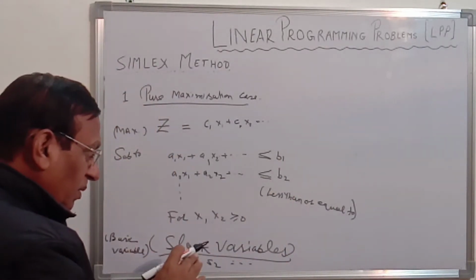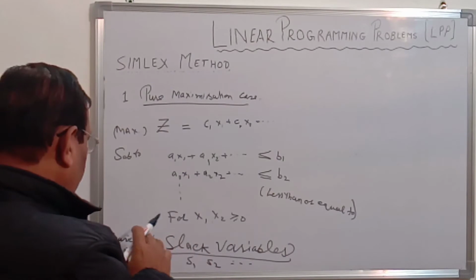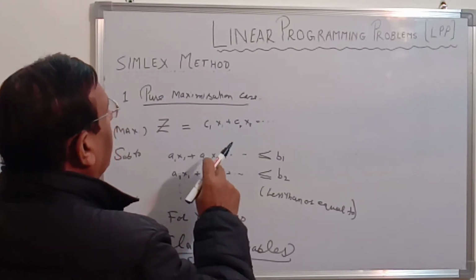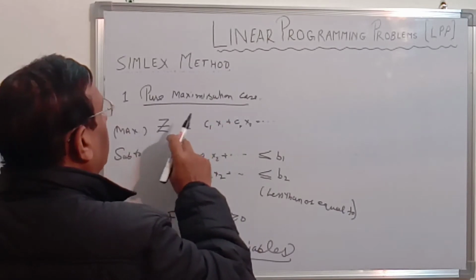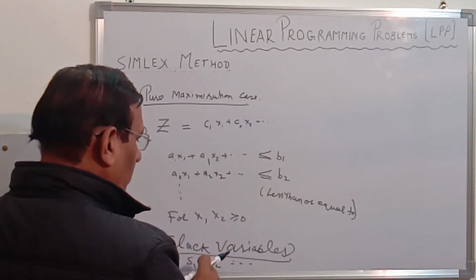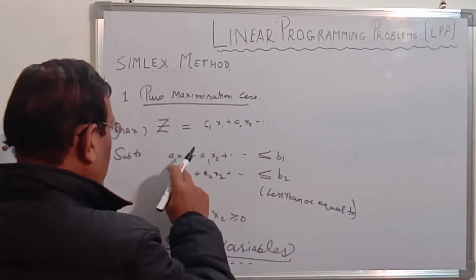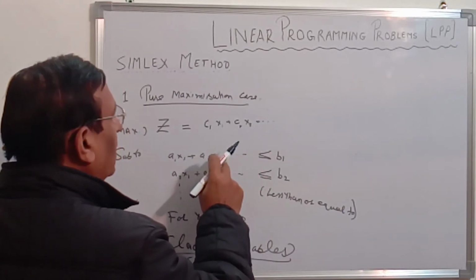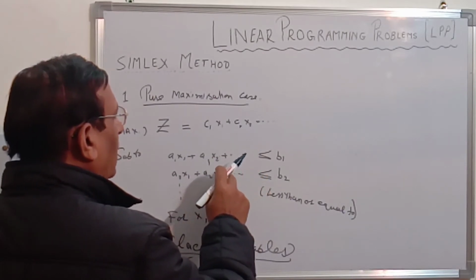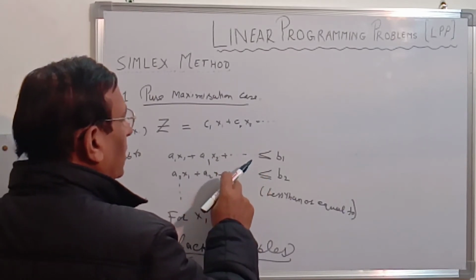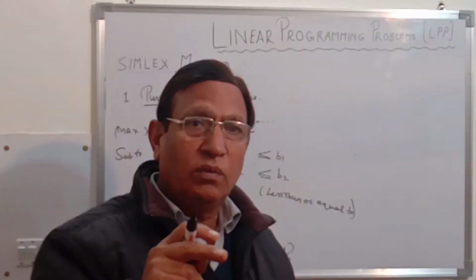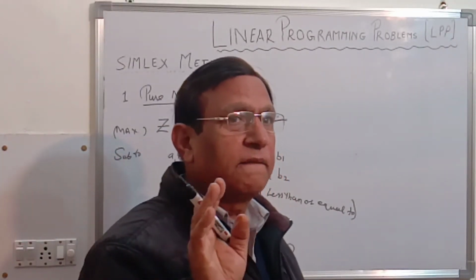Then slack variables are used as basic variables, and they are added into the objective function with zero coefficient, say 0s1, 0s2, and into the constraints, s1 plus 0s2 in the first equation, 0s1 plus s2 in the second equation, in such a way that they form a unitary matrix.